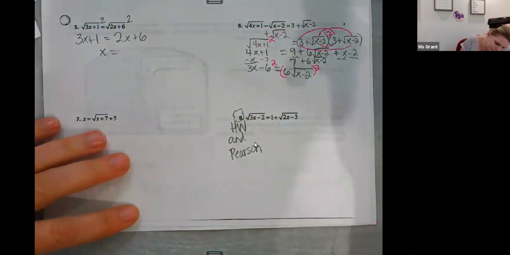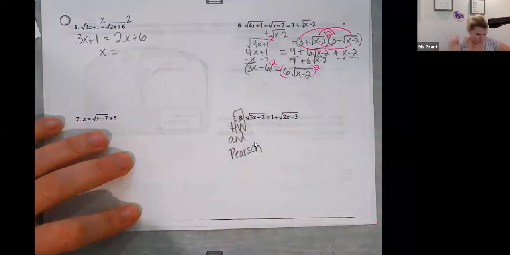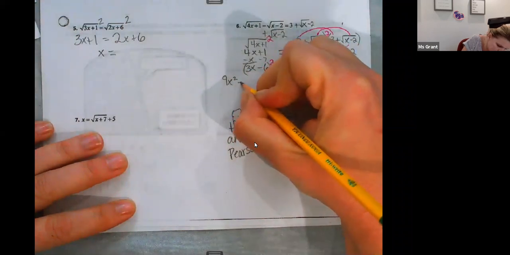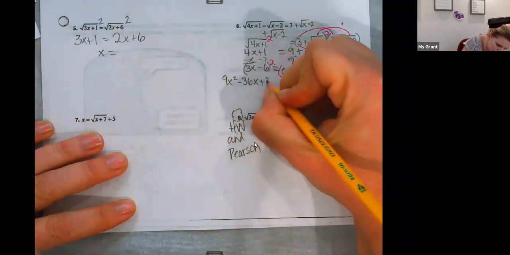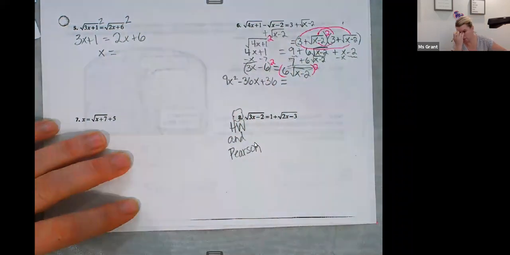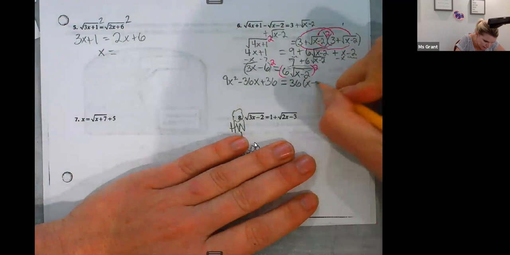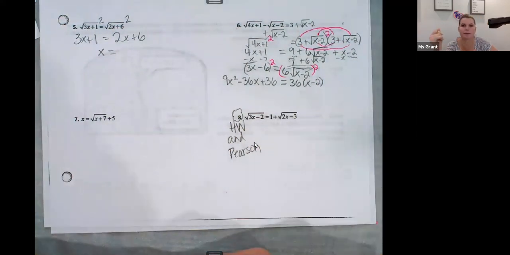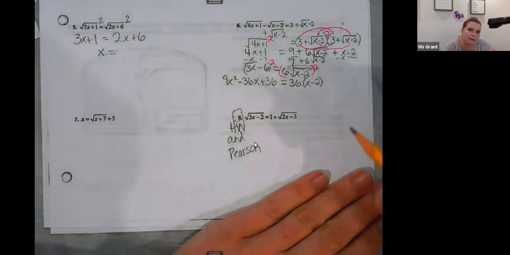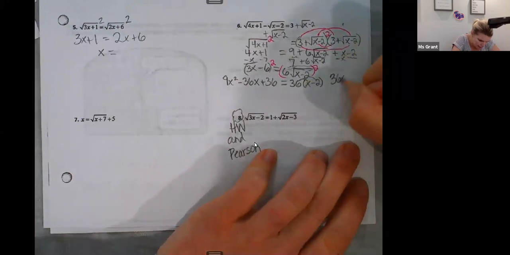Here's what I got. 3x minus 6 squared is 9x squared minus 36x plus 36, equals 6 squared times x minus 2 squared. So 36 times the quantity x minus 2, because it's out of the square root now, because I squared it. Well, that's 36x minus 72, right?